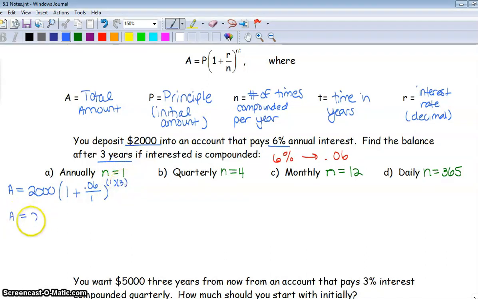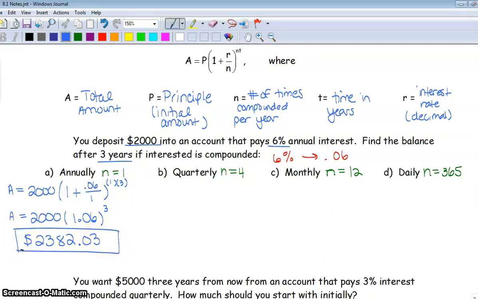I simplify that down, and we do this in our calculator to get $2,382.03.